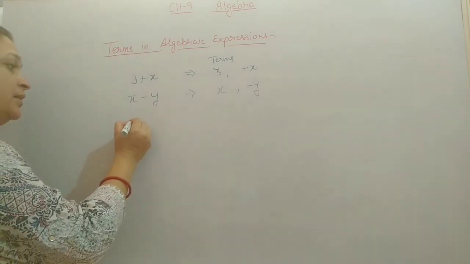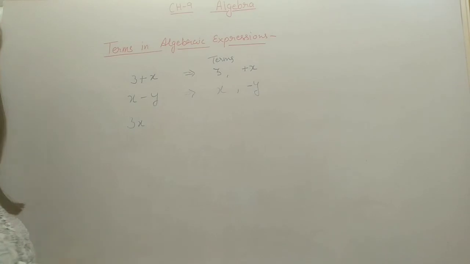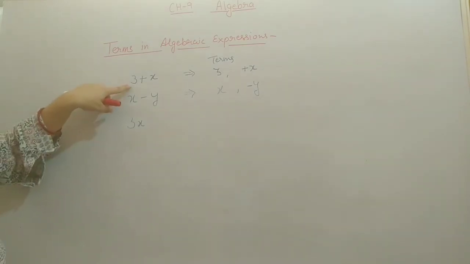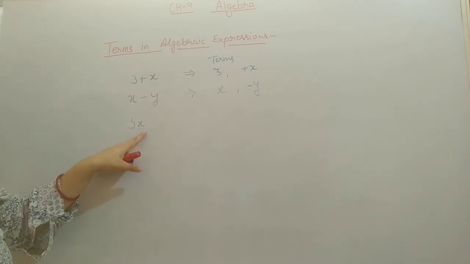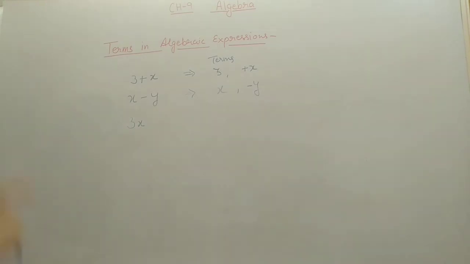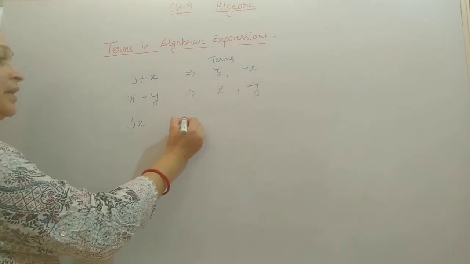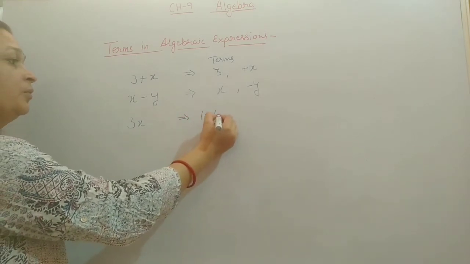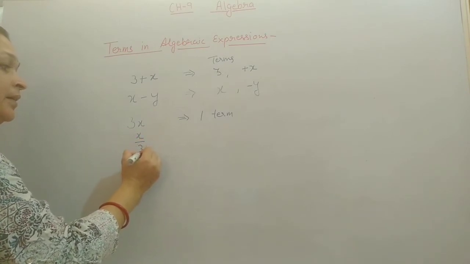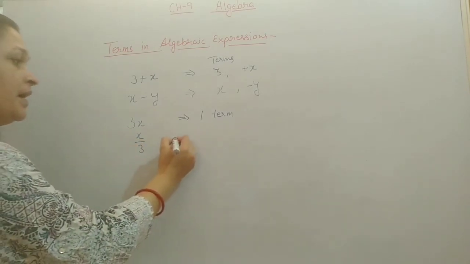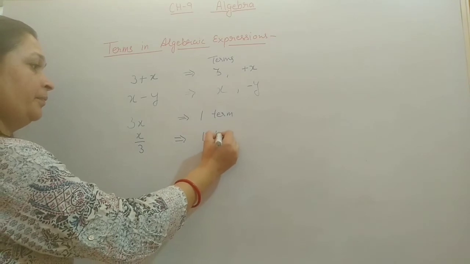Suppose it is written 3x. If we are adding 3 and x, then it becomes two terms. But if we are multiplying 3 and x, then it will become one term. Now this 3x we will consider as one term only. If it is x by 3, then also we will consider it as one term only.